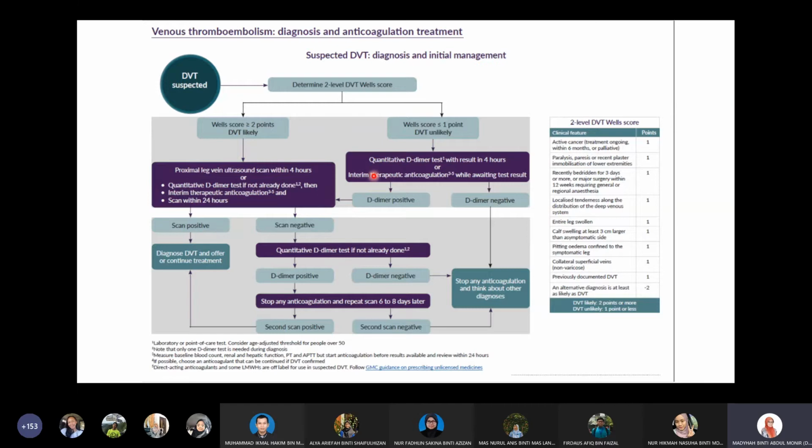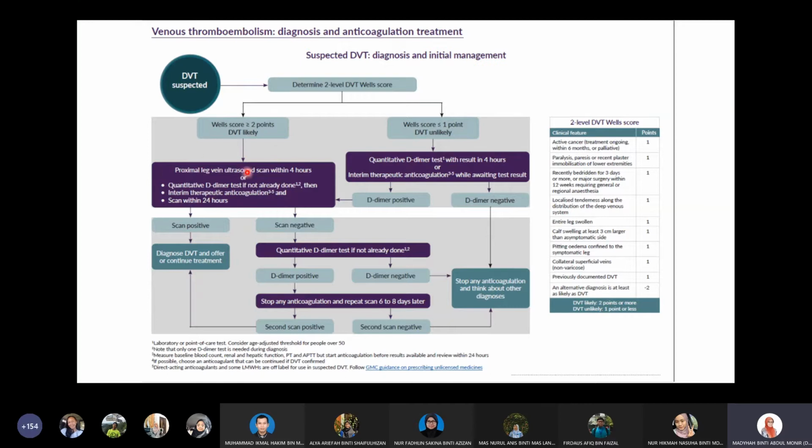For the unlikely, they will do the D-dimer test. The reason is that if it is negative, they can exclude DVT, so they will not treat. But if the D-dimer is positive, they will proceed with a scan. If the DVT is likely, they will start with the scan first. But for those that are unlikely, they start with the blood test first, which is the D-dimer.